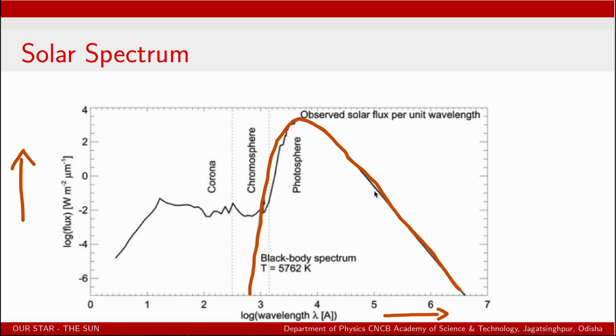This is the spectrum that we observe from the sun. So the sun is not a black body, right? With this, this lecture comes to an end, and thank you for your attention.